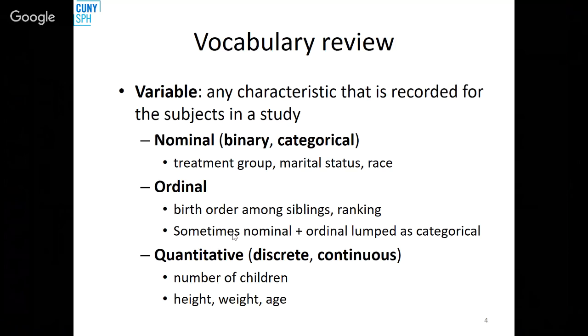So when you take a ruler, you mark your height on the wall and measure with a ruler, that ruler is only going to go down to 1/16 of an inch or millimeters. So you still have discrete limits to how you can measure quantitative variables. But at least in theory, you can have any height, weight, or age between 0 and the maximum possible value.